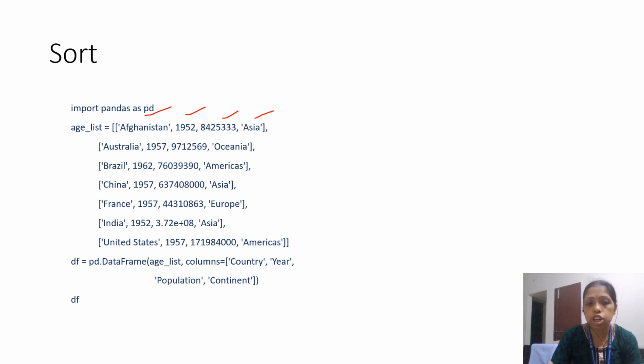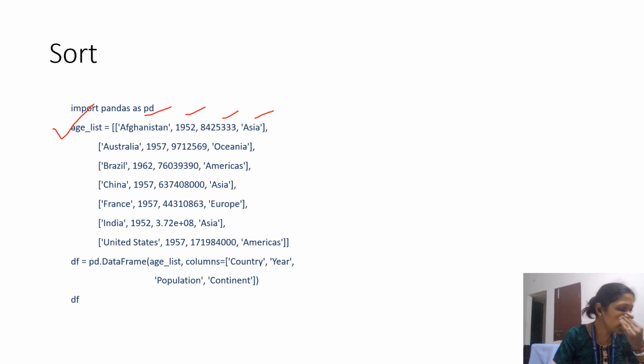Multiple values we are putting in different lists and storing them in one variable. Those lists are passed to the data frame, where the column names are country, year, population, and continent, passed through the columns argument.